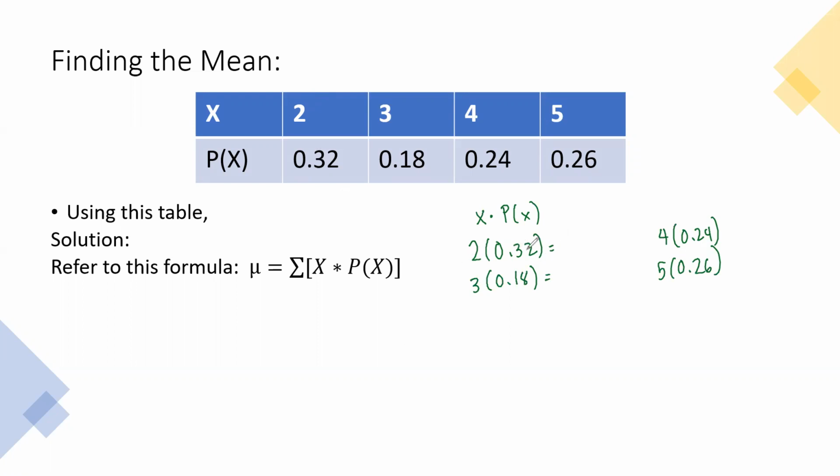So 0.32 times 2 is 0.64, while 0.18 times 3 is 0.54, while 4 times 0.24 is 0.96, and 5 times 0.26 is 1.30.